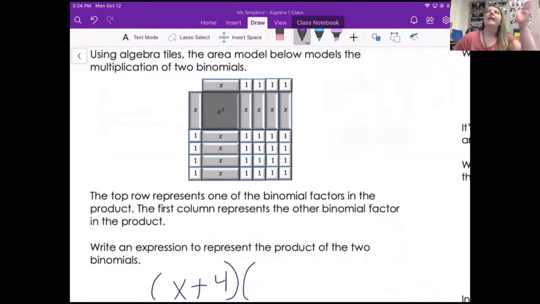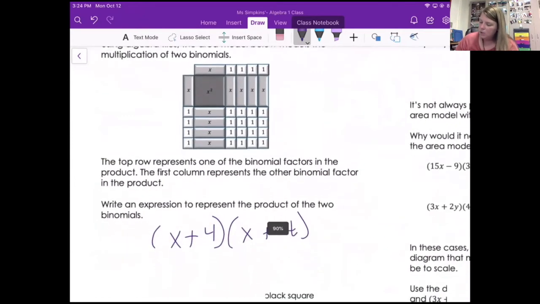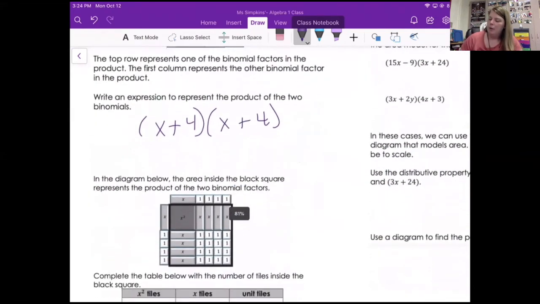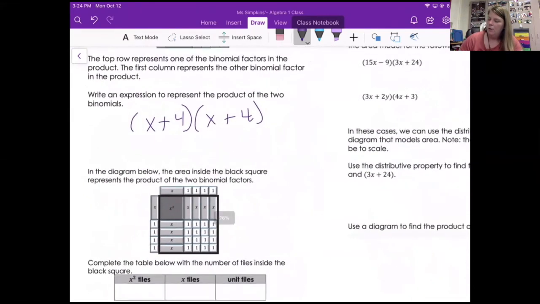X plus 4 times the left-hand side. What is represented on the left-hand side? X plus 4 again. There's 1 X tile and 4 1 tiles. So technically what I'm doing is I'm multiplying x plus 4 times x plus 4. And to get the answer to that, the only way you know how right now is to fill in this middle part with the tiles.